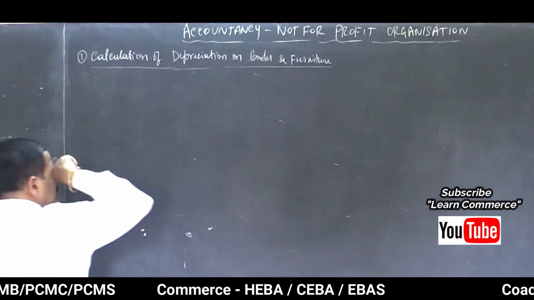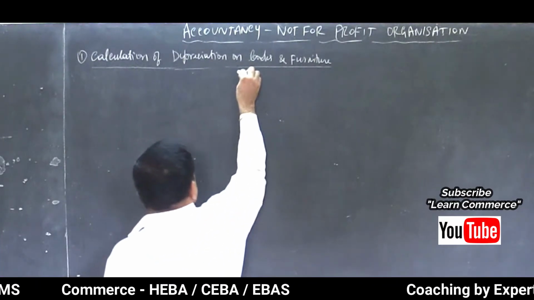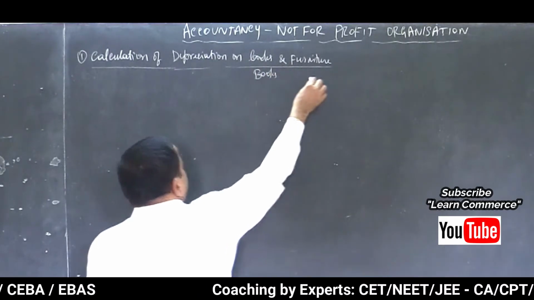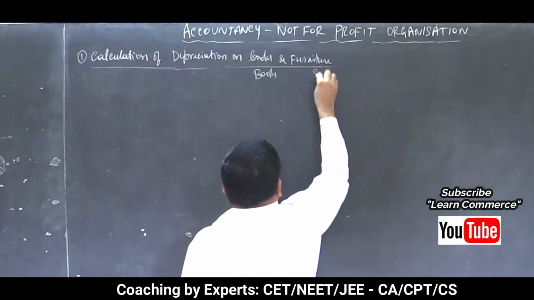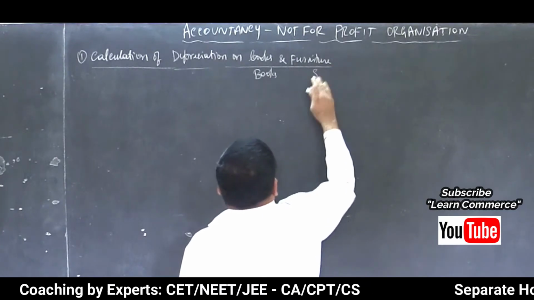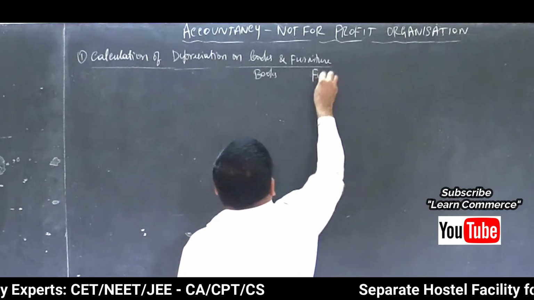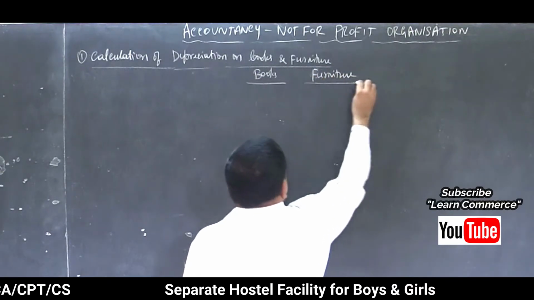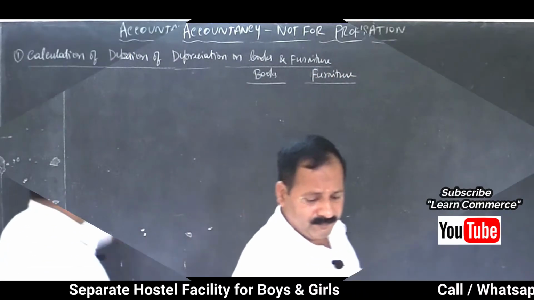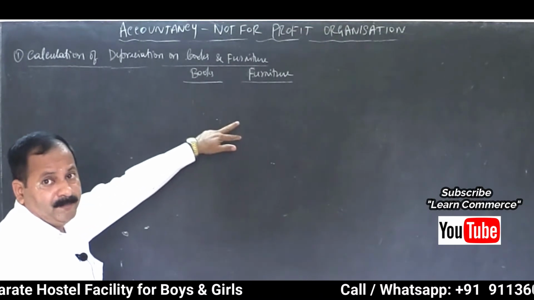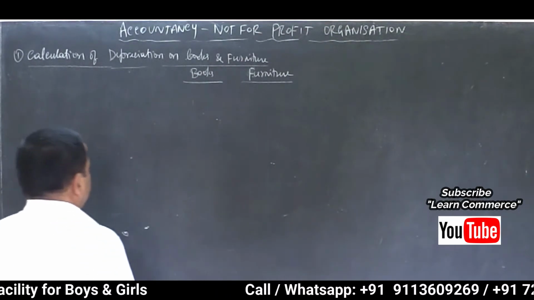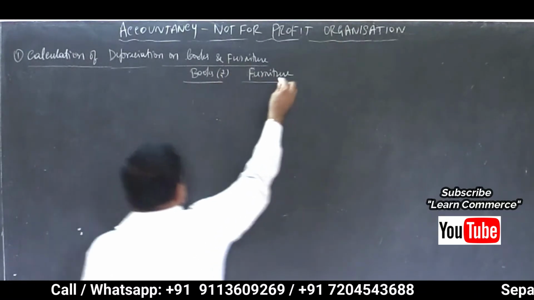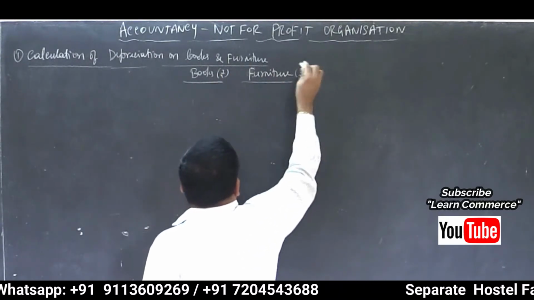Now, right here, books and furniture. Here books, here furniture. And right here, amount in rupees.